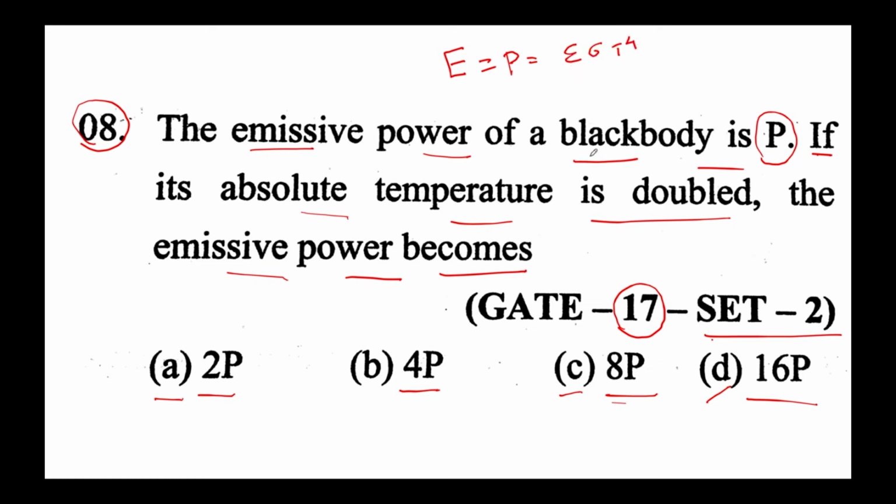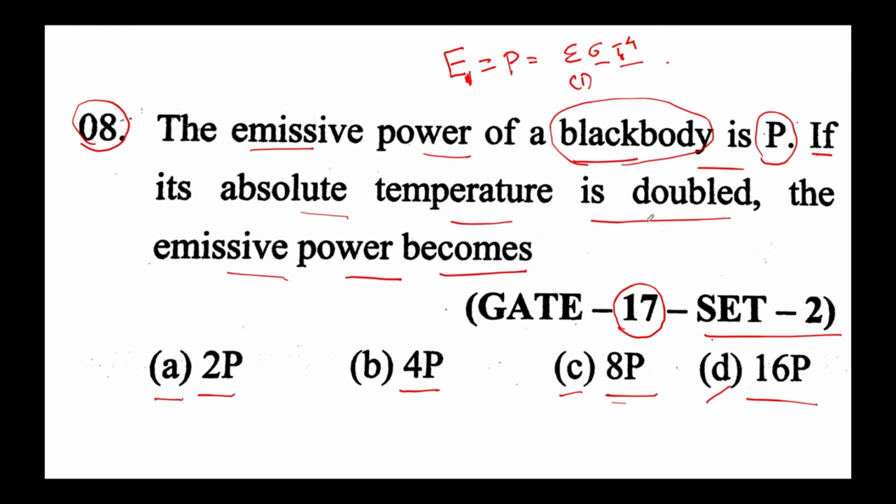But since they have clearly said that it is a black body, your emissivity is equal to 1, right? Now let's take the temperature to be T1, and let the emissive power be E1. Now you know that this P has been given as sigma T1 power 4.